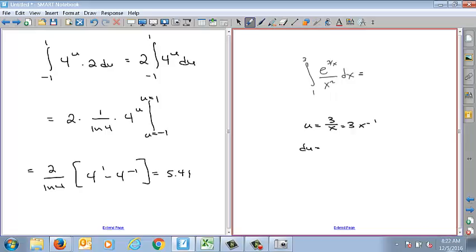And remember, you're going to redefine the limits and don't substitute back in. So when x equals 3, u equals 3 divided by 3, which is 1. And when x equals 1, u equals 3 divided by 1, which is 3. So they switch, sort of. And there's no reason why you can't integrate the other direction.